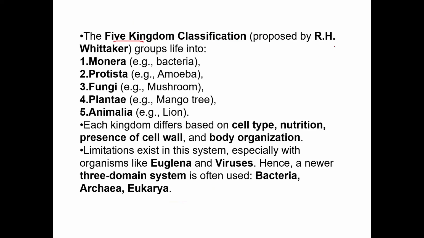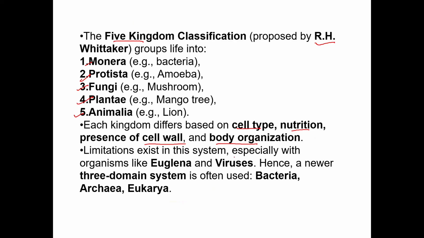Five kingdom classification, very important, given by R.H. Whittaker: Monera, protista, fungi, plantae, and animals. Each kingdom differ based on cell type. The criteria: cell type, nutrition, presence or absence of cell wall, body organization, either unicellular, multicellular, complex.